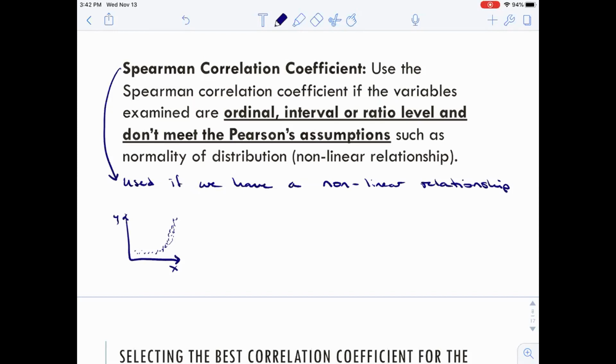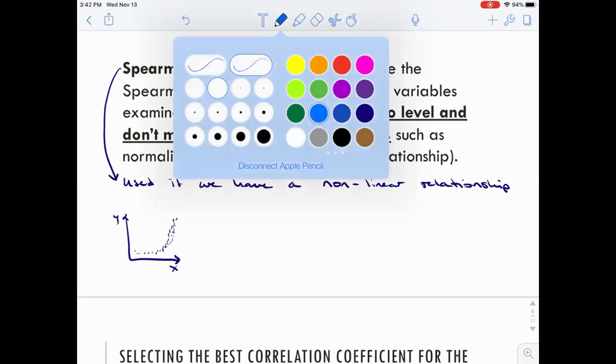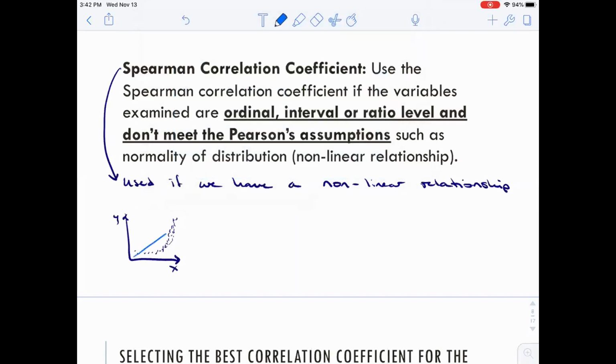Because if I tried to model this, or describe it with a straight line, it would actually do a really bad job at figuring out where the points would be, which is the whole point of modeling. So let's use a different color here. If I fit a straight line through this, it would capture these points and these points, but it would do a terrible job elsewhere.